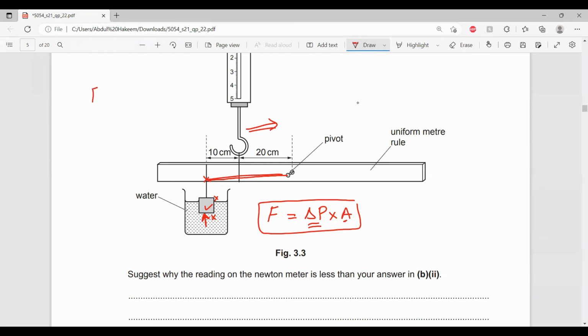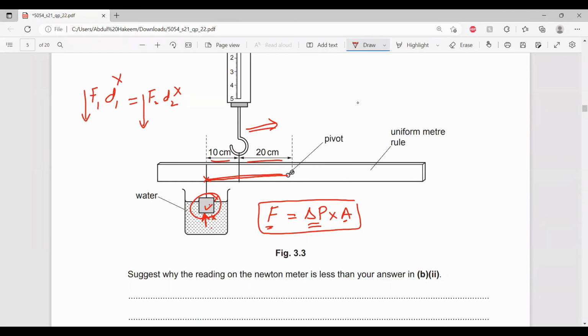Reason, F1 D1 is equal to F2 D2. When this force is small, distances are the same, 10, 20, then definitely the Newton meter will exert less force because the weight of the brick decreases due to thrust of the water. This water is exerting force upward, so the load becomes less. So definitely in water, the weight becomes less.